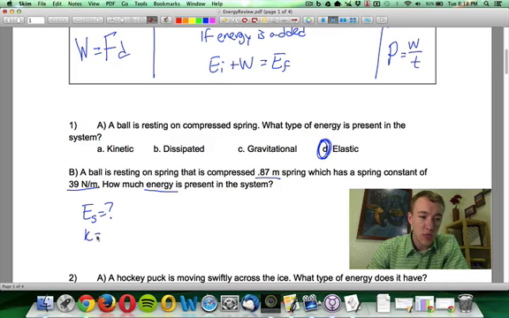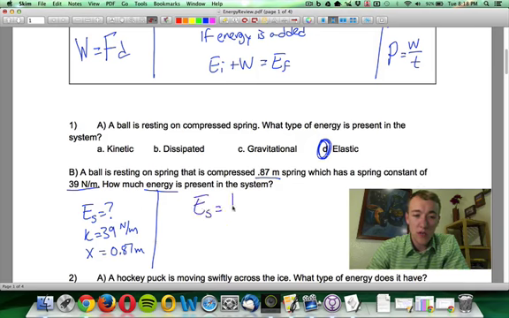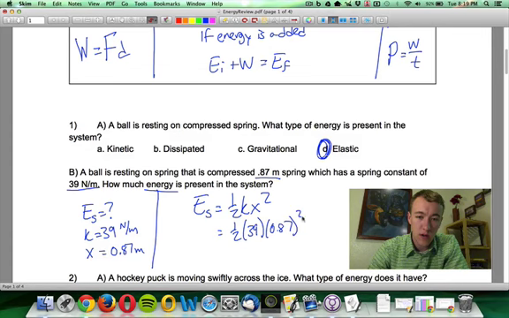We know that the spring constant is 39 newtons per meter, and we know that the displacement is 0.87 meters. So now I'm going to find my equation that relates all these. Spring energy is equal to 1/2 times the spring constant times that displacement squared. This is 1/2 times 39 times 0.87 squared.